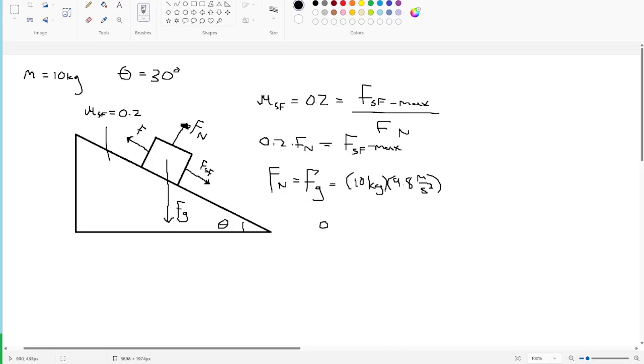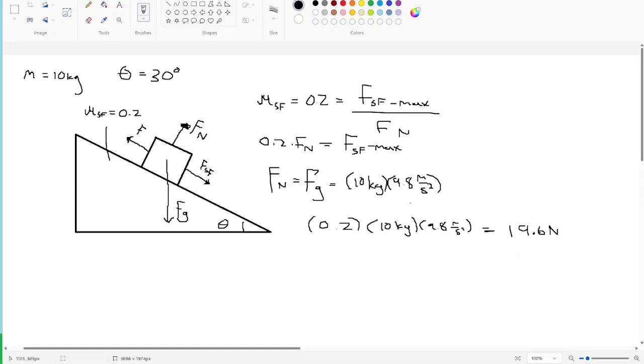It's going to be 0.2 times the force of gravity, which is 10 kilograms times 9.8 meters per second squared. So that is going to be equal to 19.6 newtons. So the force that we need to apply needs to be greater than 19.6 newtons.